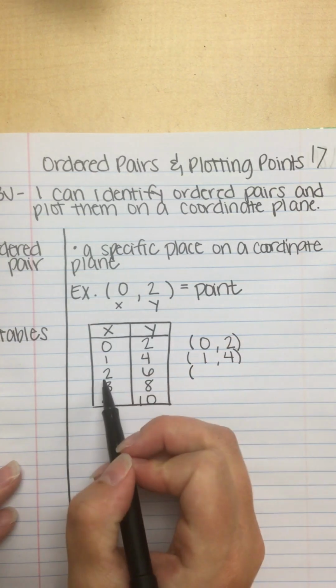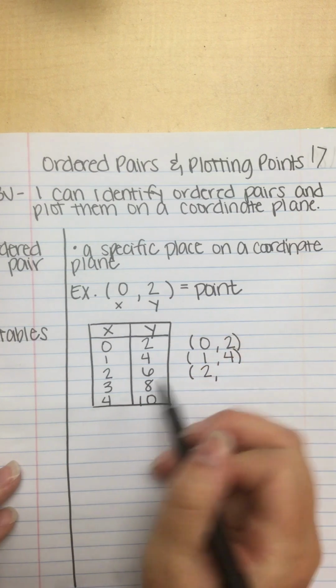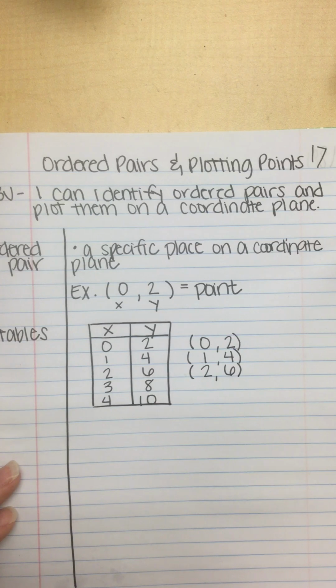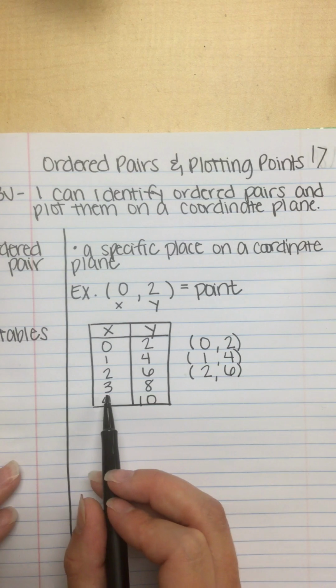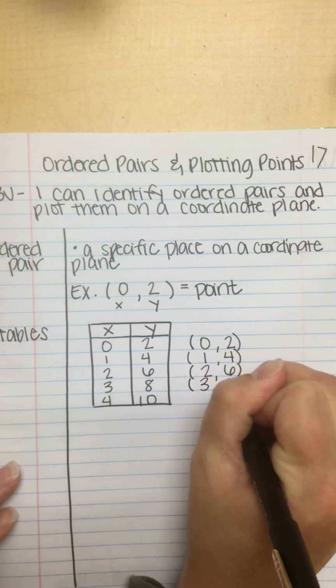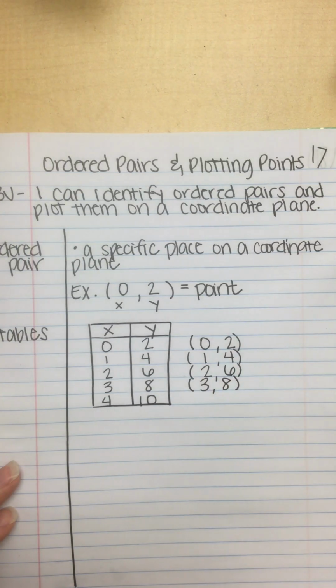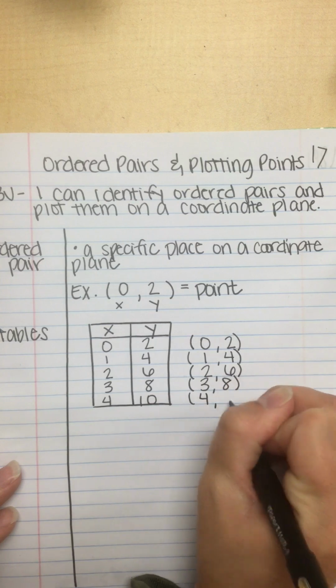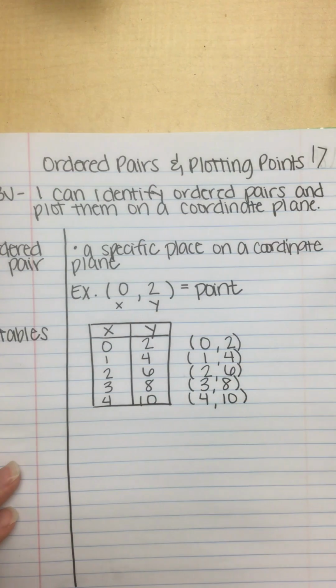Our next ordered pair is 2, 6. Remember, ordered pairs have to be in parentheses and you have to have a comma in between the numbers. Our next point, or our next ordered pair, is 3, 8. And then our last ordered pair we have here is 4, 10.